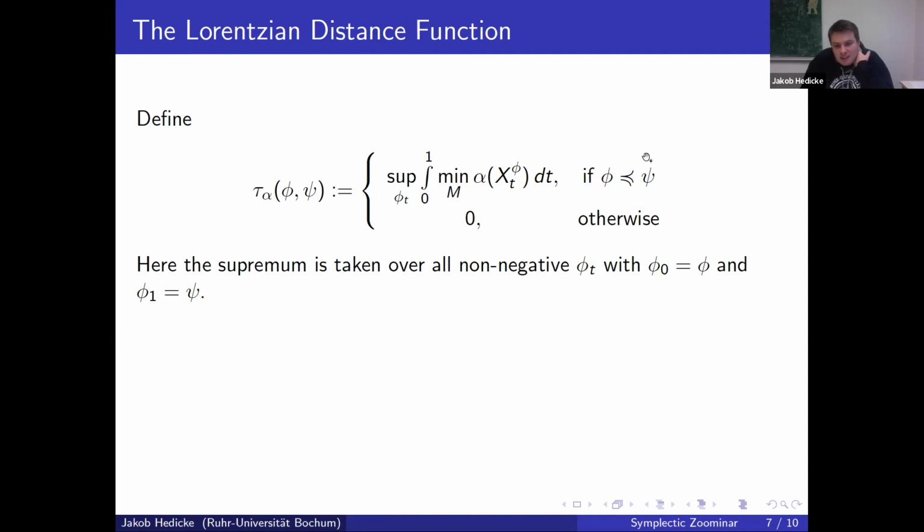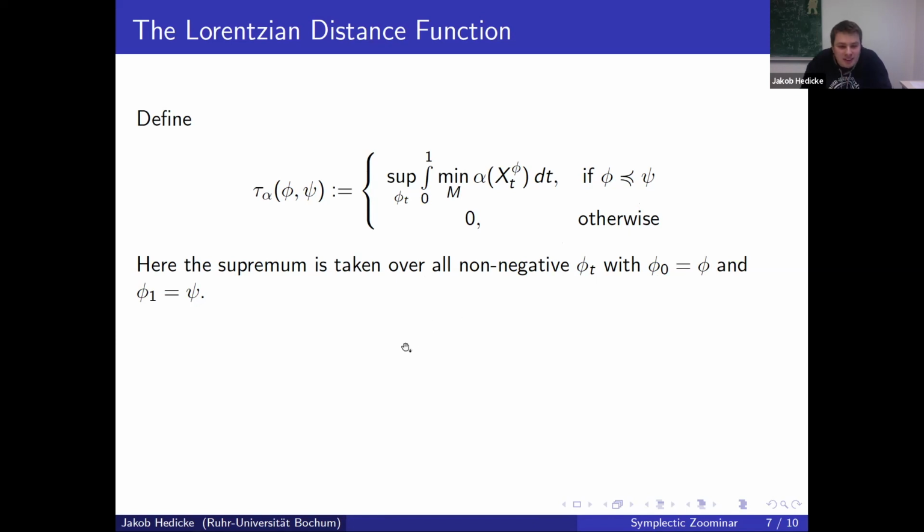Of course, like in the Lorentzian manifold case, only if there is a non-negative isotopy connecting these two contactomorphisms. And again, we set it to 0 in the other case, if there's no non-negative isotopy.